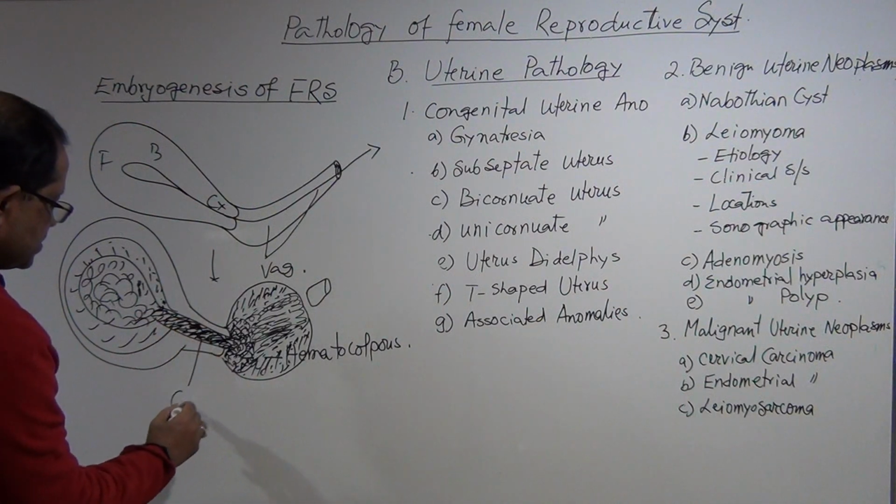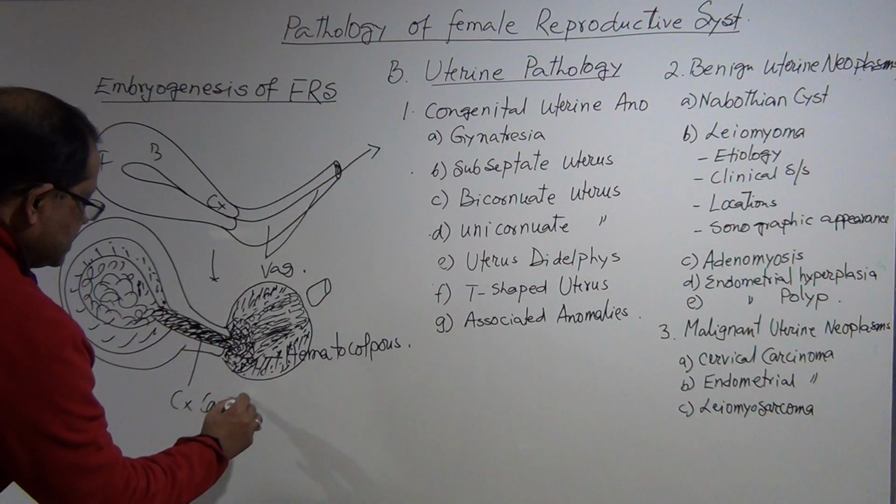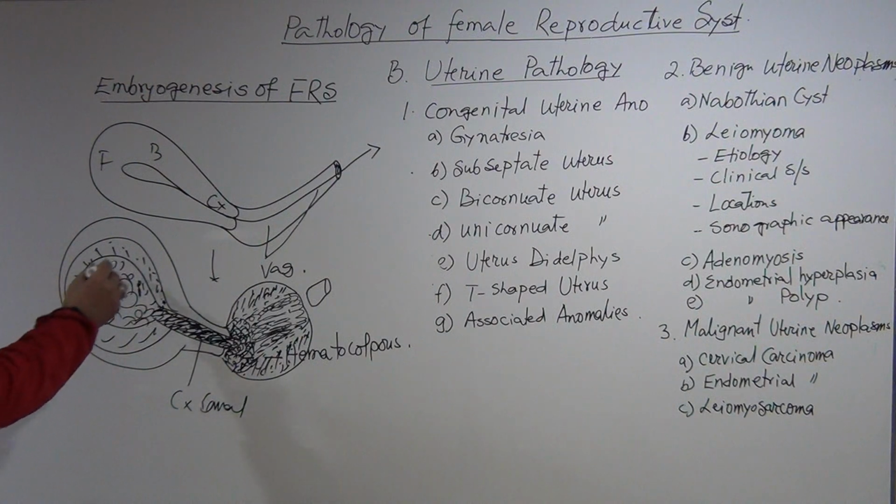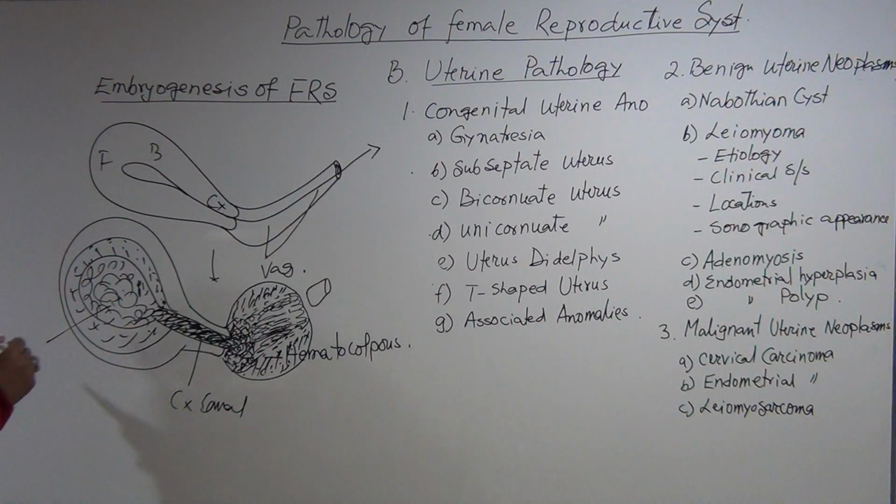So this is the cervical canal, dilated and filled with blood, and this is blood in the uterine cavity. Too much, we call it hematometra.